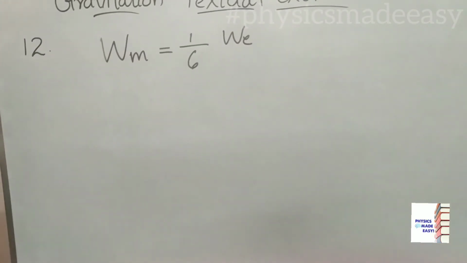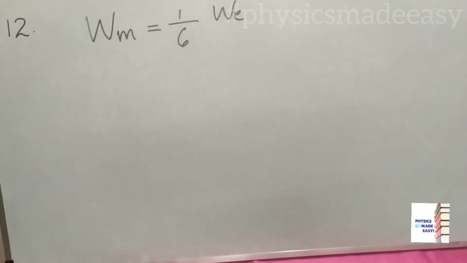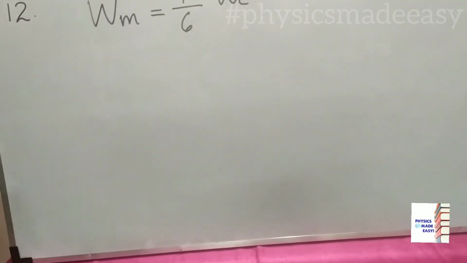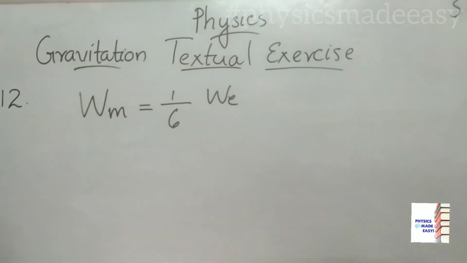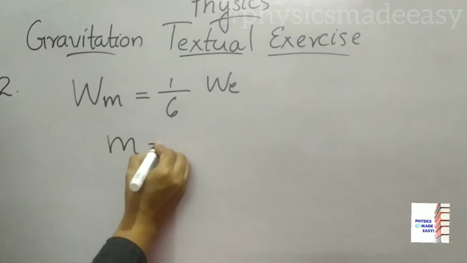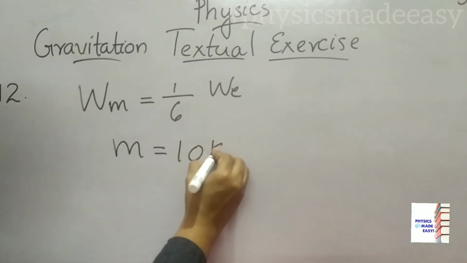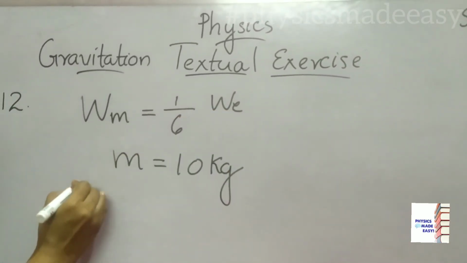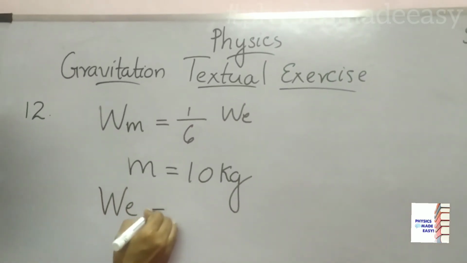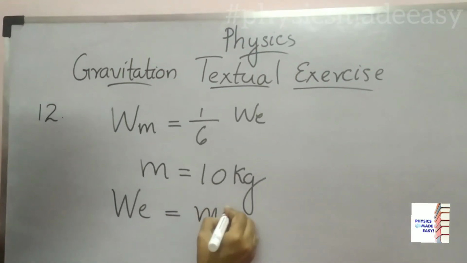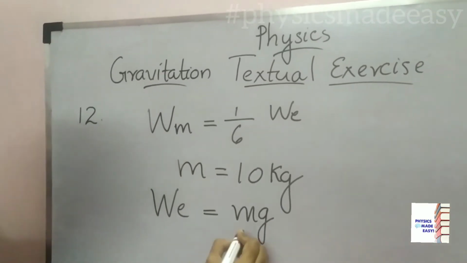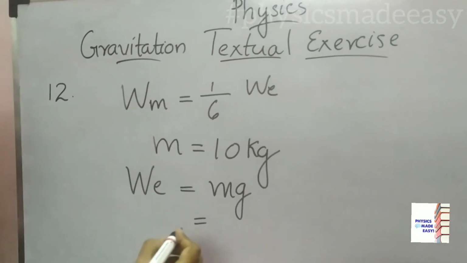Here what to do? What is the weight in newtons of a 10 kilogram object on the moon and on the earth? First we can find, here mass is given as 10 kilogram. First we have to find the weight of that object on the earth. That is m into g. g you know is 9.8 meter per second square.